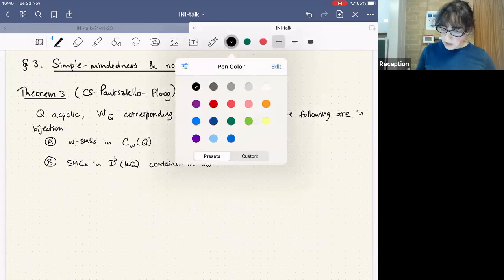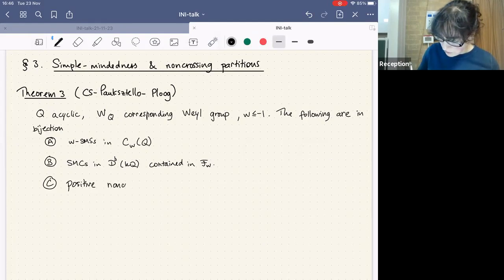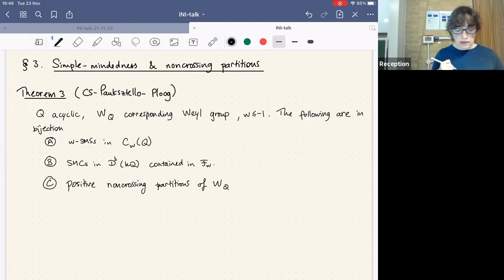Then, as I mentioned, there's a bijection between simple-minded collections and simple-minded systems, and these are in bijection with certain non-crossing partitions, which we call positive. Maybe we should have called them negative, really. But okay, positive non-crossing partitions. So this is the result.